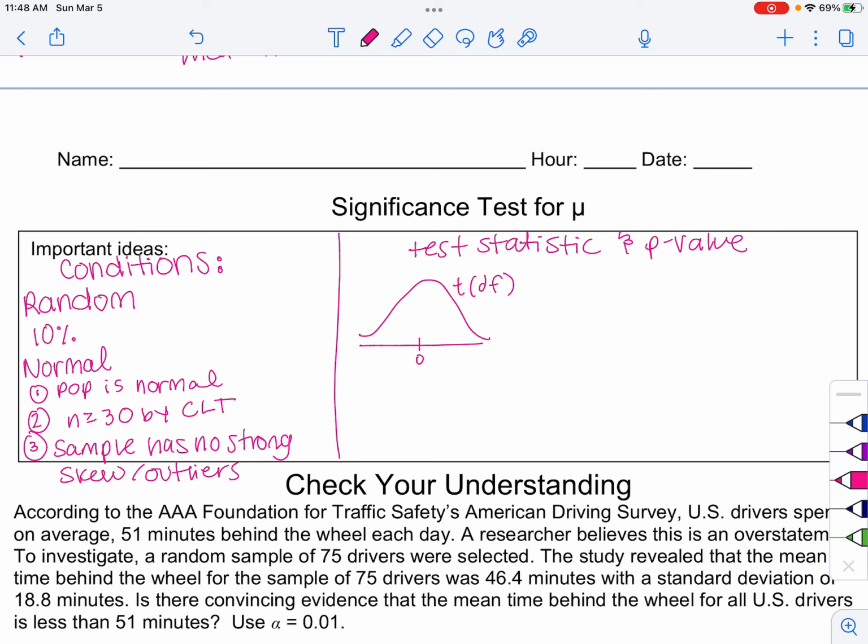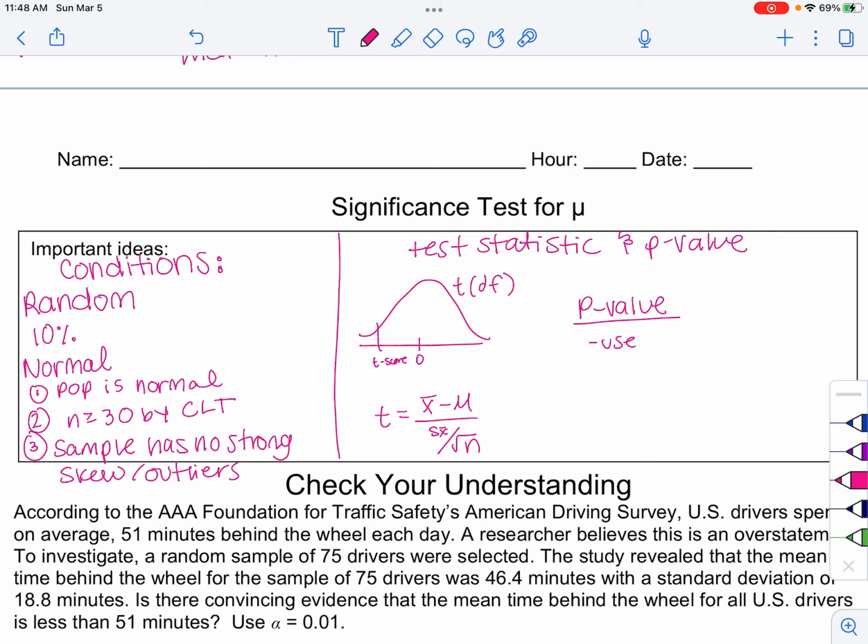So remember, we've done that before where I would put on here my t-score rather than the x bar, but that's kind of up to you. My t-score formula then is x bar minus mu over s sub x bar divided by the square root of n.